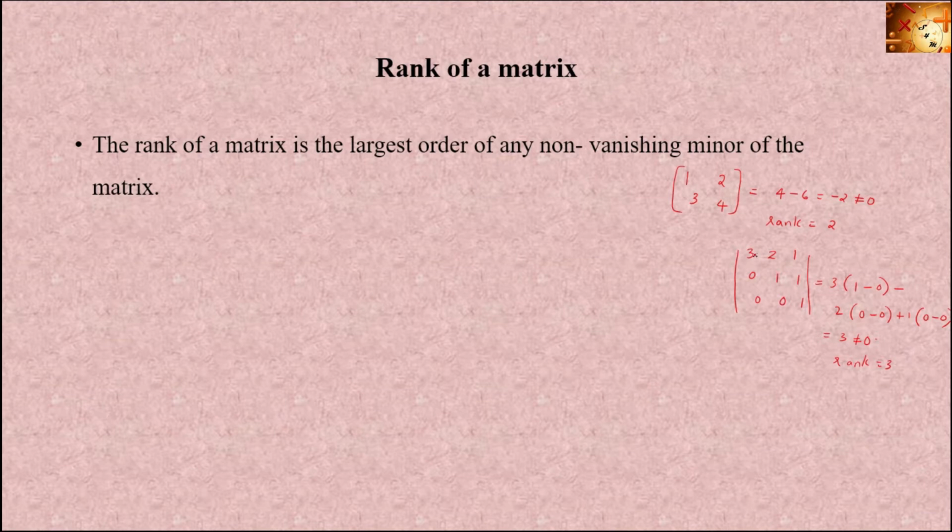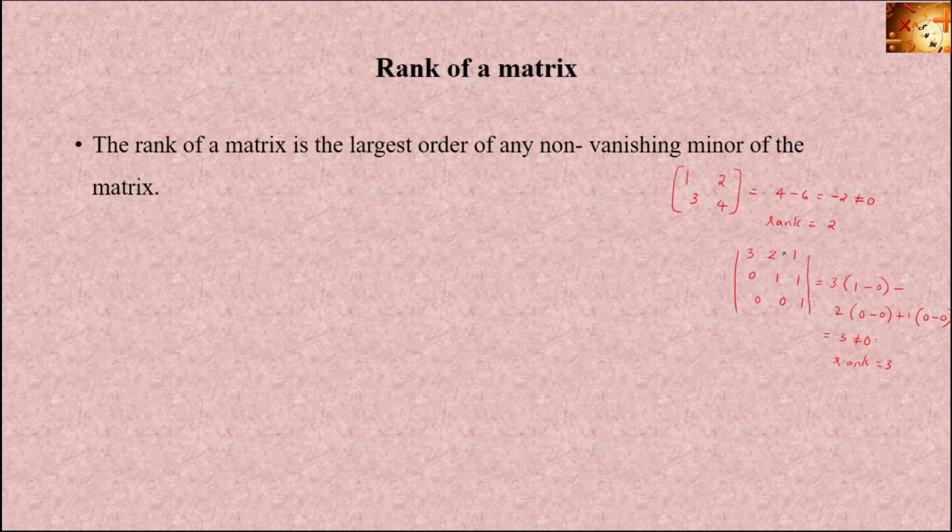Suppose the determinant of this matrix is equal to 0, then we can find a minor from this matrix.